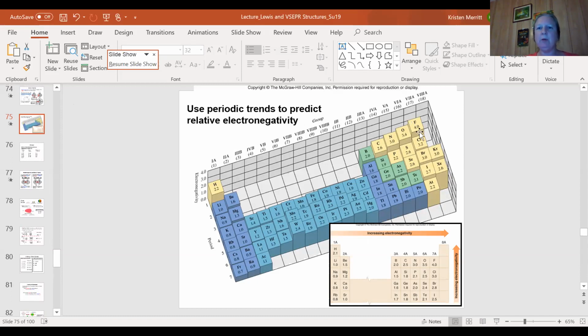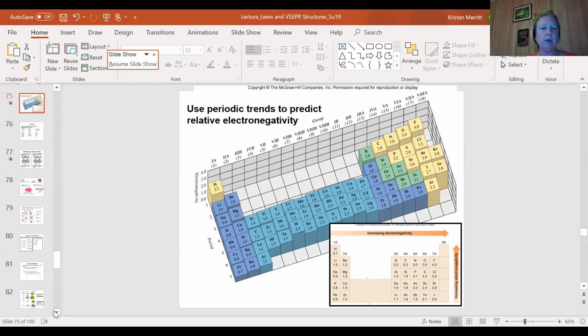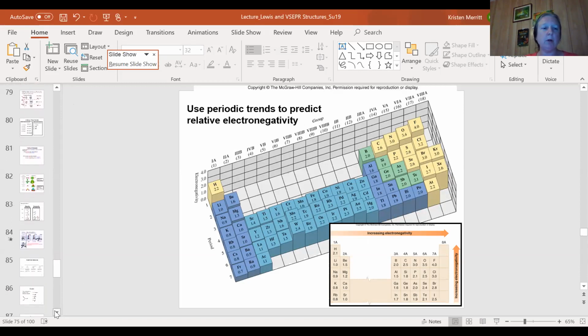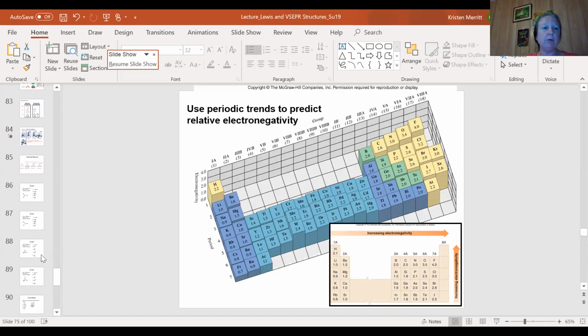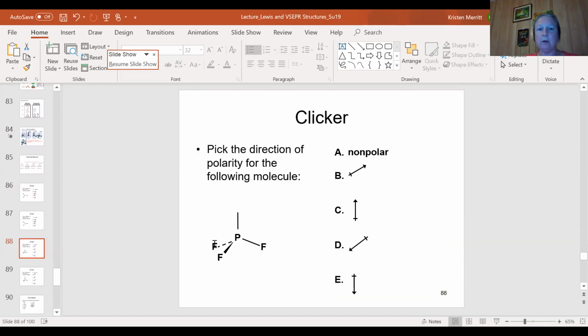So anytime you see that, you know that, but it's 4.0, phosphorus is 2.2. So obviously fluorine is the more electronegative. So the electrons are going to flow in that direction. This is your umbrella. So your polarity is going to go down, the handle of the umbrella is going to go down towards the fluorines, but straight down. So it's E, okay, because you have 3 of them.